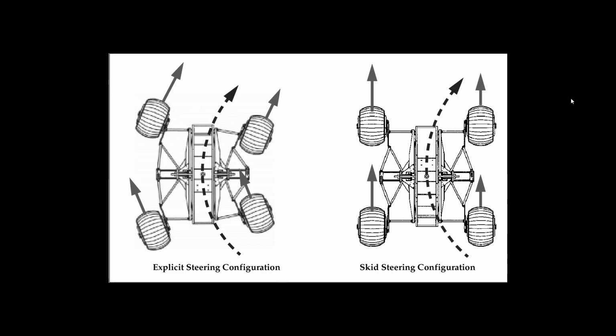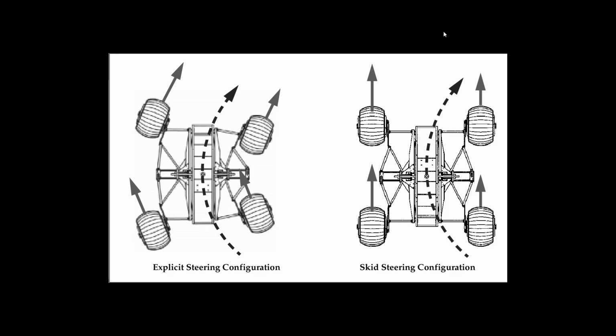The steering we have used in our device is a skid steering configuration, in which the tires run at different speeds. This skid steering configuration is similar to the differential drive robots, in which the tires also run at different speeds for steering. But there is a subtle difference between skid steering and differential steering.